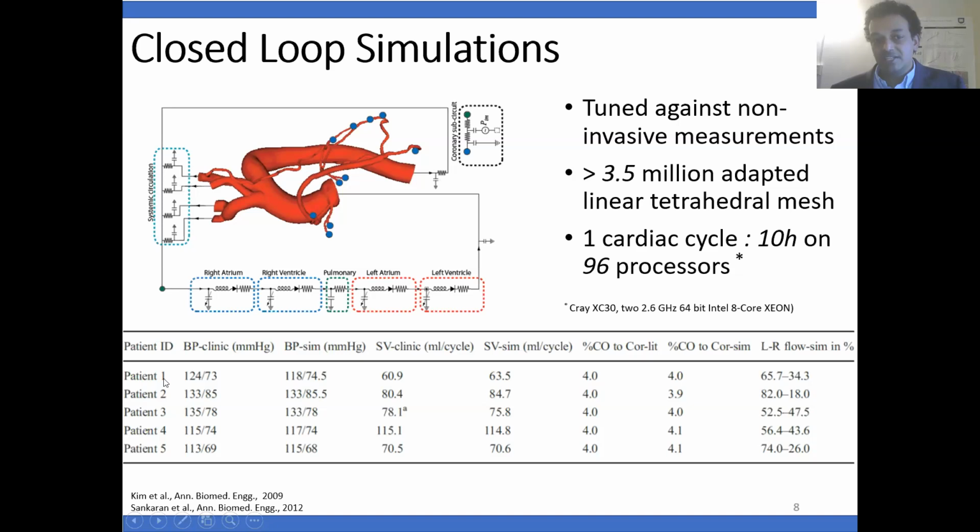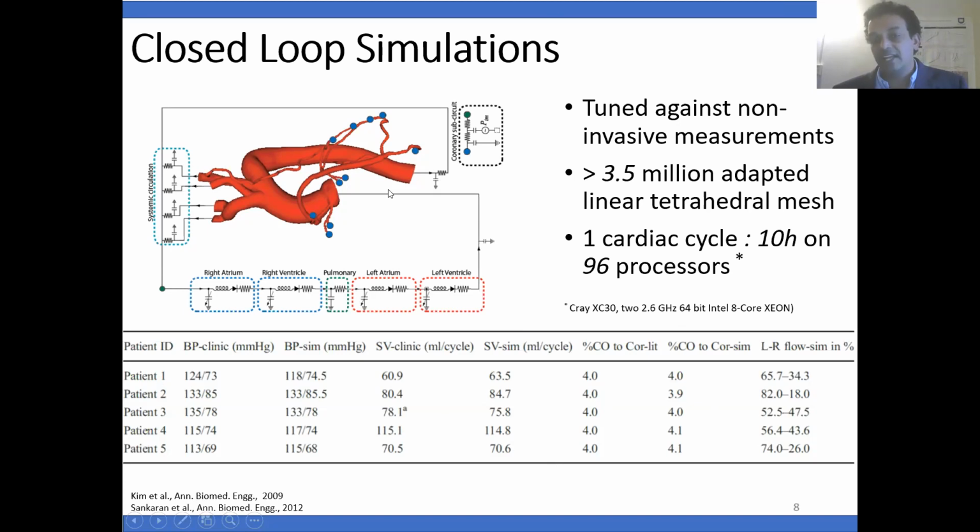So for these patients, I simulated 5 patients for this particular manuscript, and we had blood pressures from the clinic, stroke volumes from the clinic, and a percentage of cardiac output that was going into the coronary circulation. This is a heuristic metric. You also have left-right flow split if you have MR data, etc. So you could tune these parameters in the lumped parameter system to match these non-invasive values.